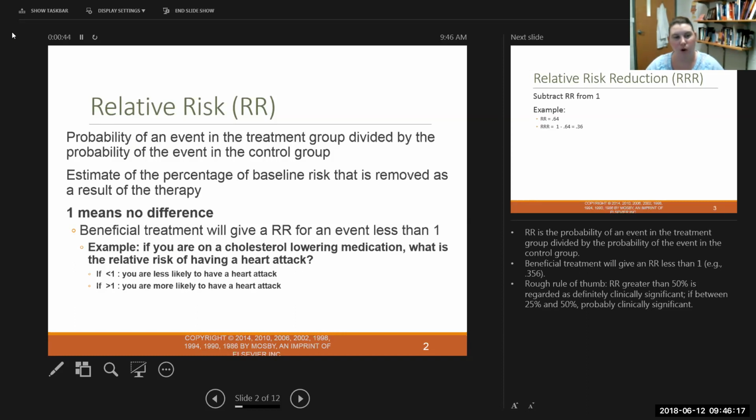So again, if you are on a cholesterol lowering medication, what is the relative risk of having a heart attack? If it is less than 1, you are less likely to have a heart attack. That makes sense. I'm taking a cholesterol lowering medication because I want to reduce my risk of having a heart attack, less than 1. If it's greater than 1, you are more likely to have a heart attack. So again, relative risk, we're looking for a number less than 1.